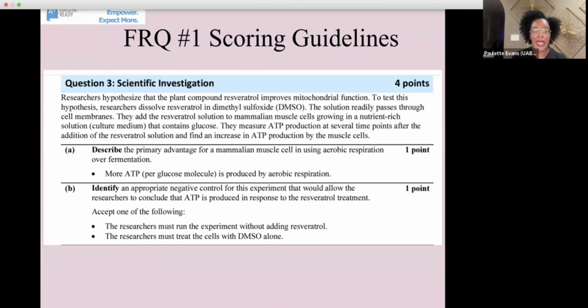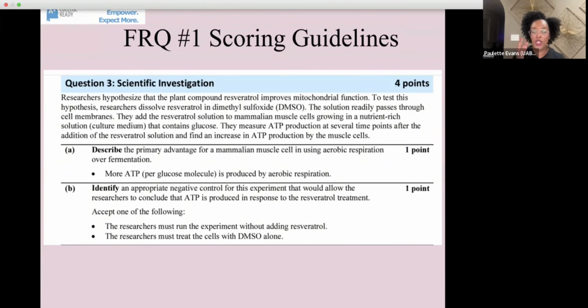Let's look at B. Identify an appropriate negative control for this experiment that would allow the researchers to conclude that ATP is produced in response to the resveratrol treatment. Okay, and so the readers will accept one of the following. The researchers must run the experiment without resveratrol, or the researchers must treat the cell with the dissolving agent, the DMSO, alone.